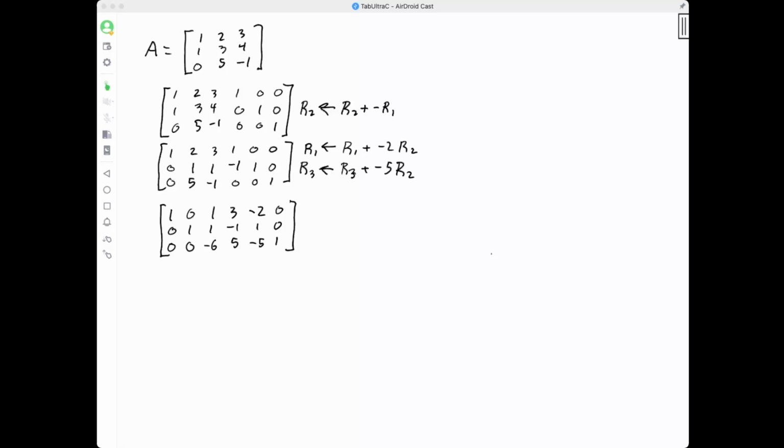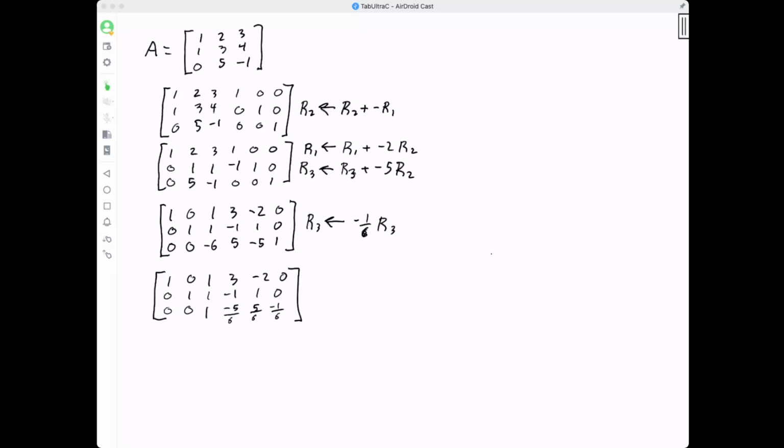Now I'm going to scale the third row by negative 1/6. So row 3 is getting replaced by negative 1/6 row 3. And that gives us 1, 0, 1, 3, negative 2, 0, 0, 1, 1, negative 1, 1, 0, 0, 0, 1, negative 5/6, 5/6, negative 1/6.